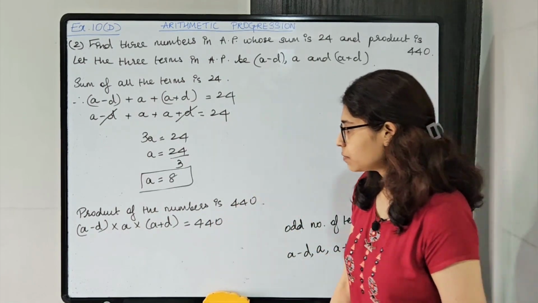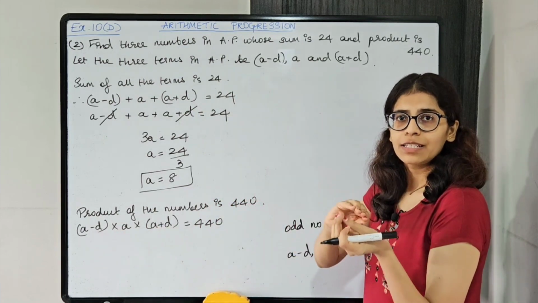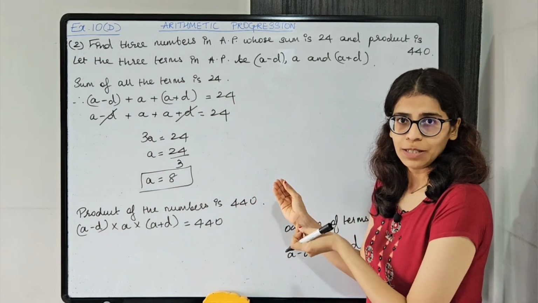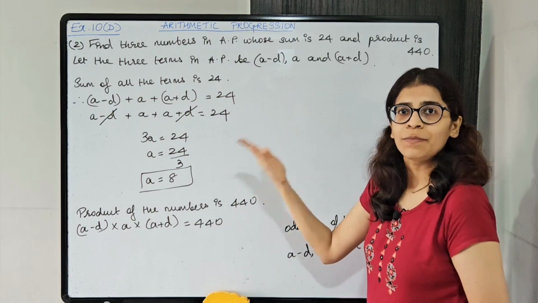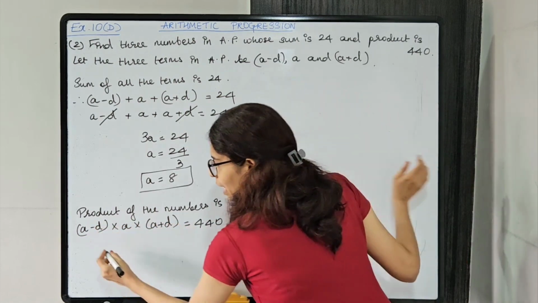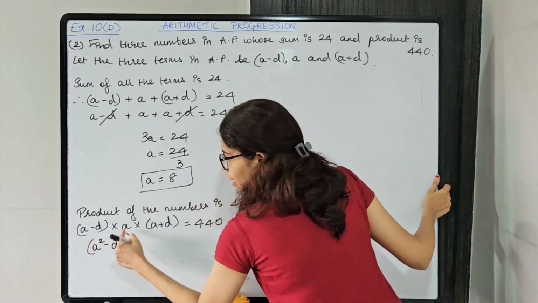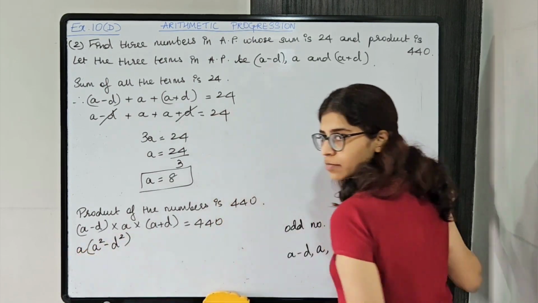Whenever there is more than one term, put brackets. Okay. Now, (a minus d) into (a plus d). It is like (a plus b) into (a minus b). क्या होता है, a square minus b square, right? So (a minus d) into (a plus d) will give a square minus d square, correct?